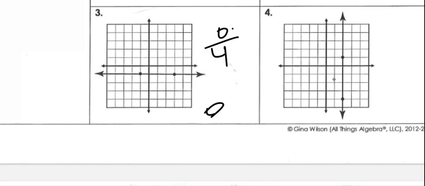The other one, we're rising 5, but we're not running. We're not going any way, left or right. So it's 5/0. And if you do that on the calculator, 5 divided by 0, it says error. So this one is the undefined. And I'm just going to abbreviate it.